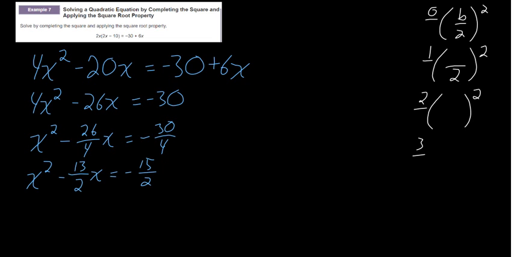And again, lucky for us, we have a nice, pretty fraction to deal with. So let's begin. What is my value of b? The value of b is always going to be the one in front of the x value here. So it's going to be a negative 13 halves.